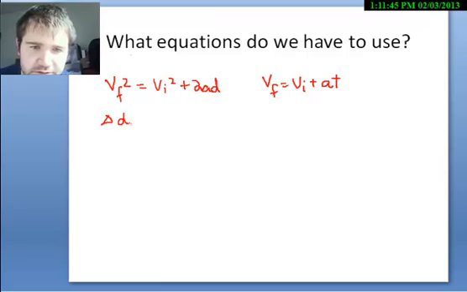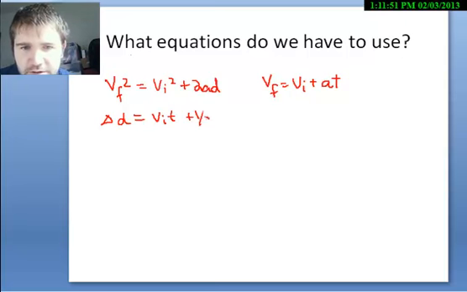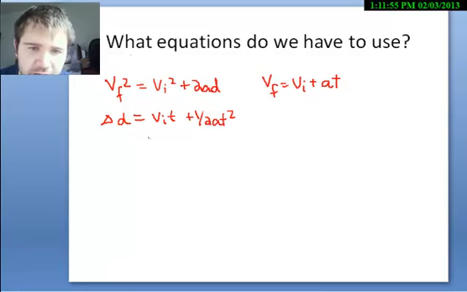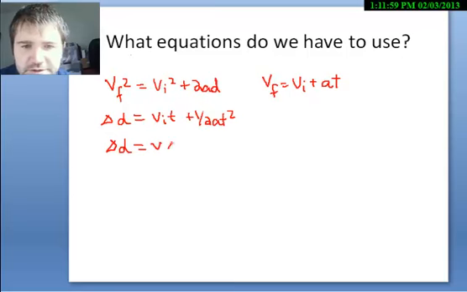Change in distance equals velocity initial times time plus 1/2 acceleration times time squared. And we have change in distance equals velocity times change in time. And any of the other kinematic equations can be used to solve these problems too.